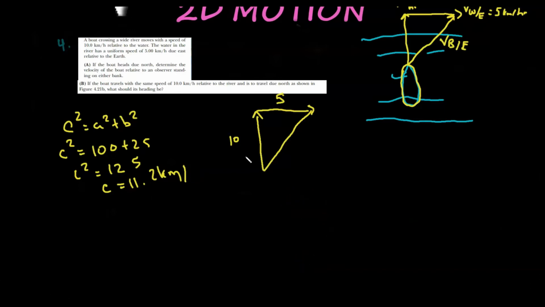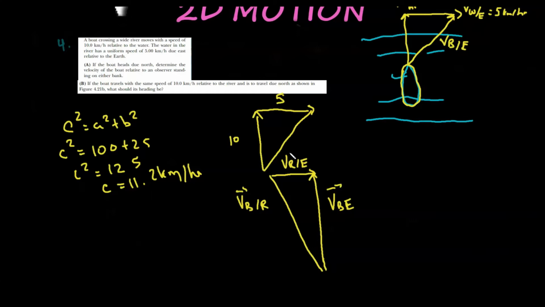It basically means that the velocity of the boat with respect to Earth must be across the river this time, and the river is still heading this way with respect to Earth, and this would be the velocity of the boat with respect to the river. This is what they're asking for by heading, and it's vectors. So you want to get the direction and magnitude.